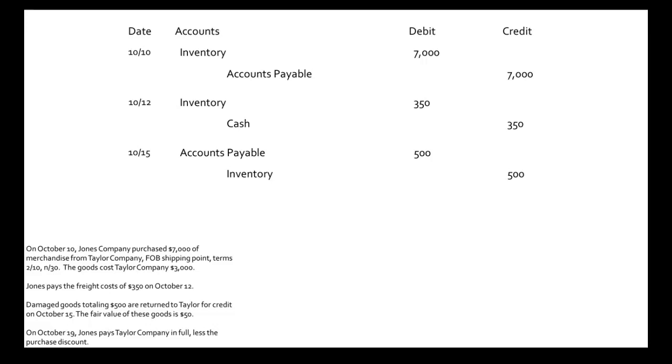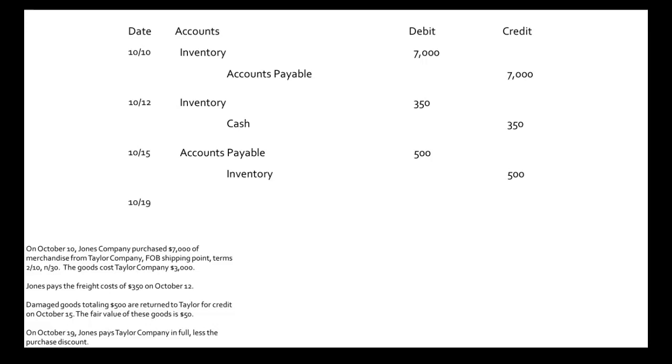So think of it as they're selling it for pieces or scrap metal, something like that, right? Again, as the buyer, you don't care. You don't care what Taylor Company can resell these goods for. So the buyer does not care about the fair value of these damaged goods. So we don't have to record that at all.